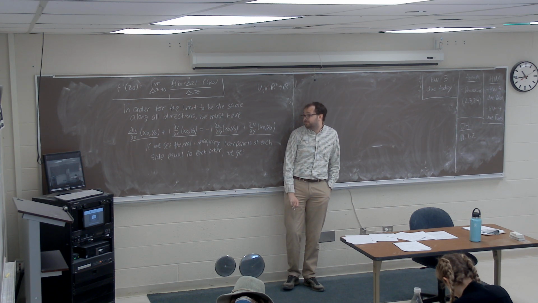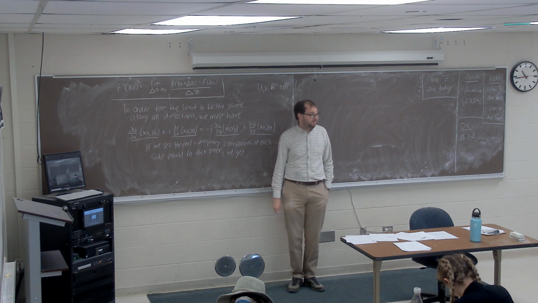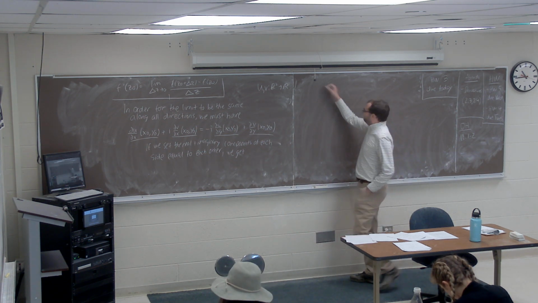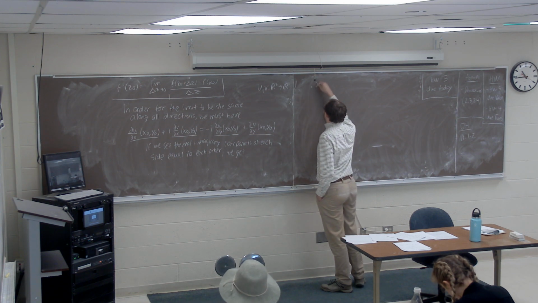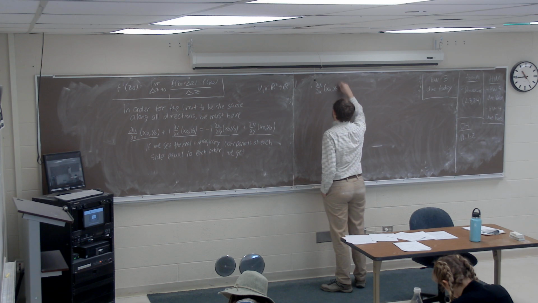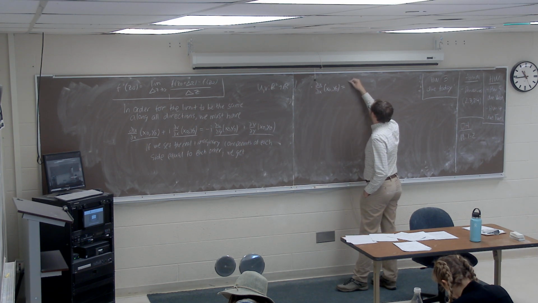The del u del x evaluated at x naught y naught. What's the real component of the right-hand side? Del v del y evaluated at x naught y naught. Bingo. We're going to get that del u del x at the point x naught y naught has to be equal to del v del y at x naught comma y naught.